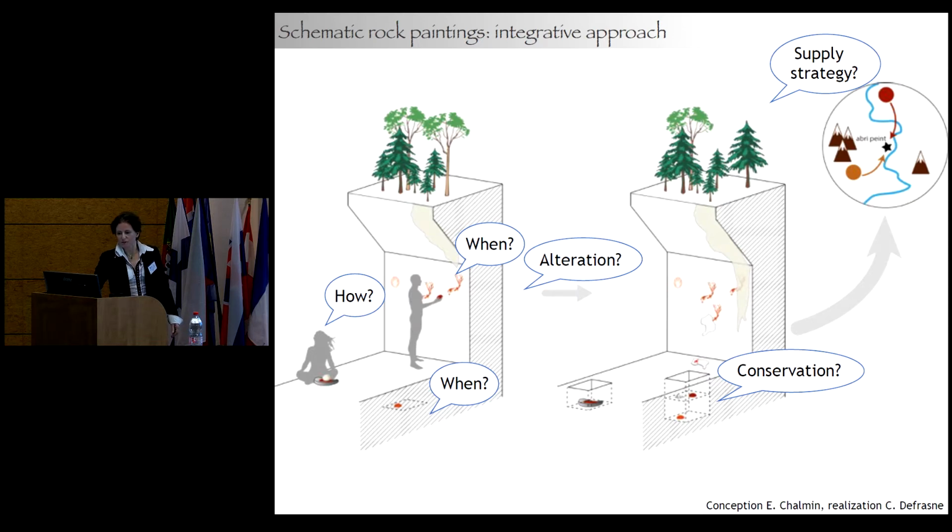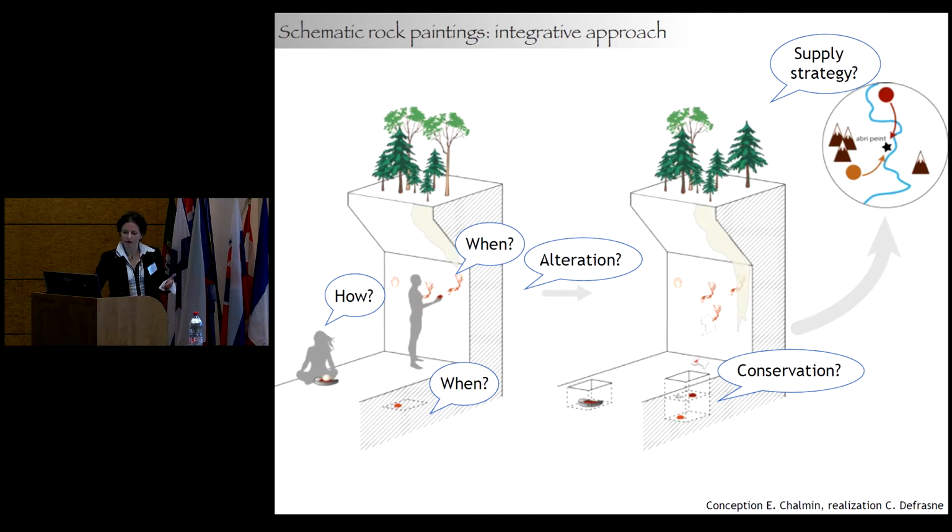This integrative approach tries to answer different questions about the context and the environment of the realization of this paint, when, and the question of the chronology and the attribution to a period.